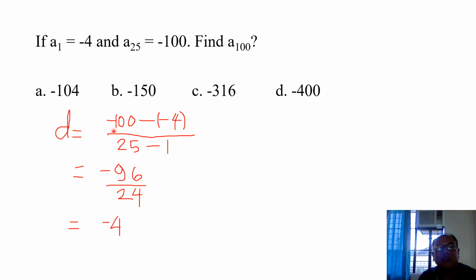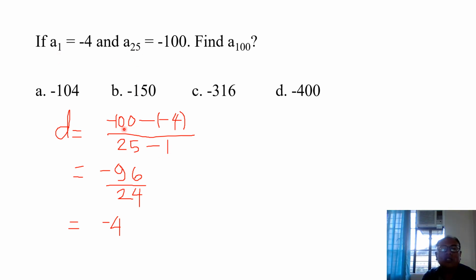So we have here the given is A25, that is negative 100, minus A1, or the term before, so that is negative 4, minus negative 4. Since this is the 25th term, we divide it by 25 minus the first term. The number of that is 1, and this is 25, so that is 25 minus 1.